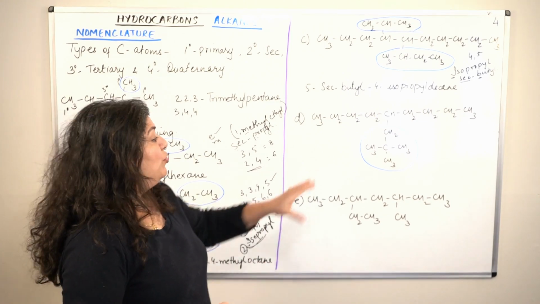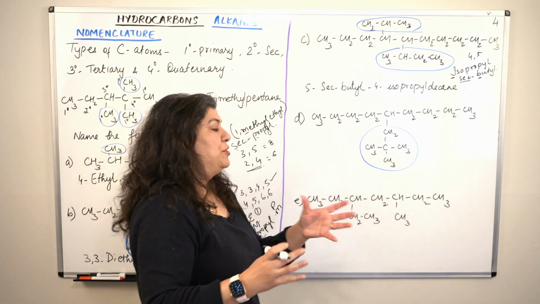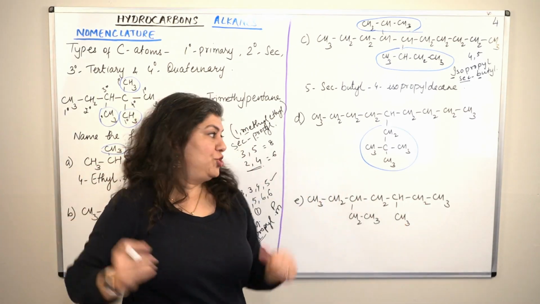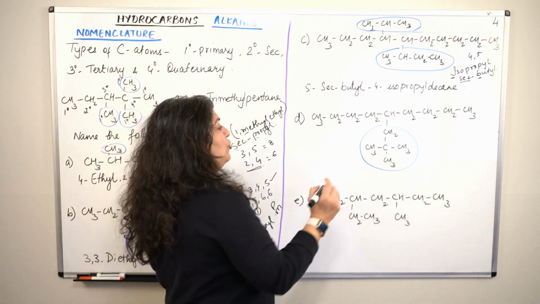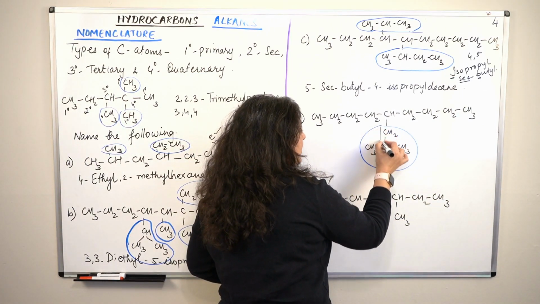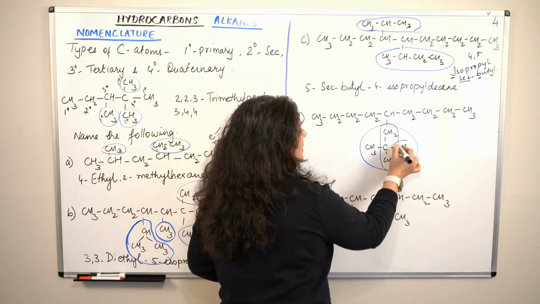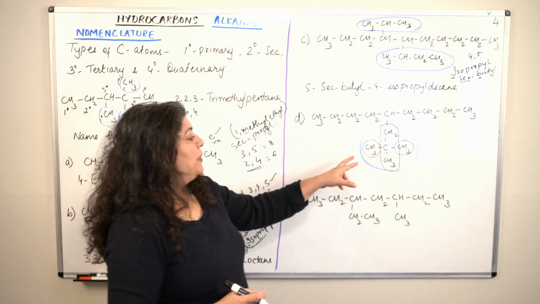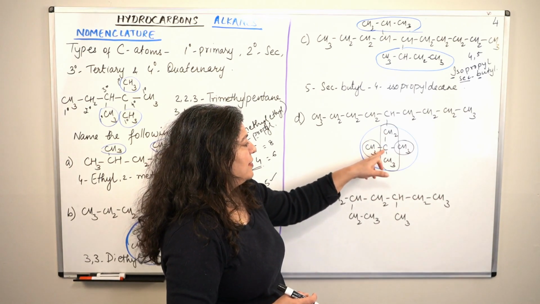But let us name. When you have such a group, then we see that this is a complex substituent. How? The substituent also has substituents or branches. It is a branch which further has branches. So this becomes your parent according to IUPAC nomenclature. This is your parent chain and these two become your substituents. Right? So if this is the parent, this is the first carbon, then this is the second carbon.